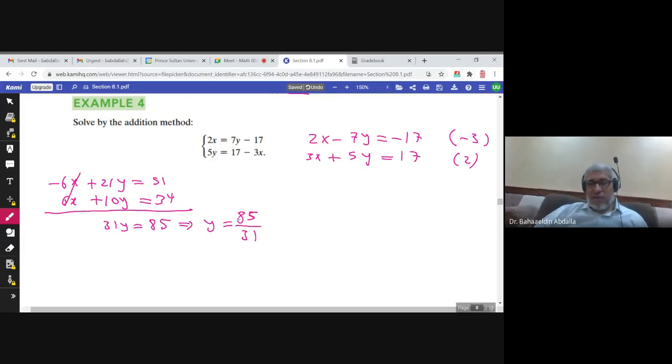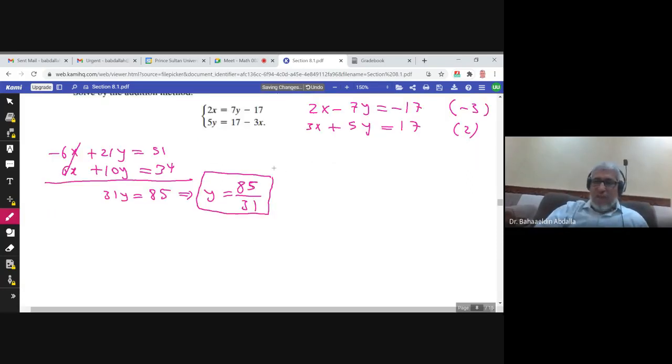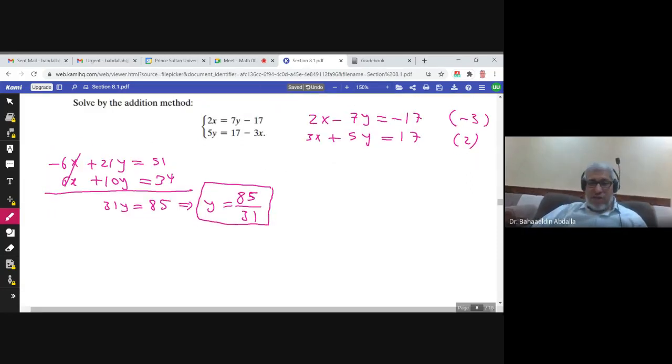It could be difficult to replace y here, for example, by this and solve for x. If you want, you can stop here and go back to the original equations and multiply the first equation by a number and the second equation by a number, so that in this case you eliminate y and not x.